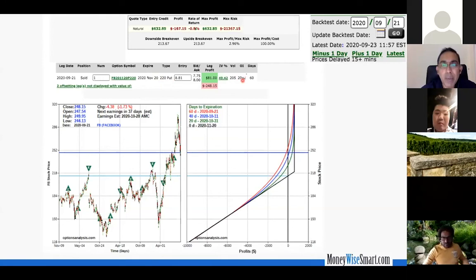So what will happen is, if 60 days pass, as we have seen, the option price will decay and this option will expire worthless. So imagine I sold this option for $881 and the option expires worthless. When that happens, my obligation vanishes. So I get to pocket this $881 and I can go and sell another option.